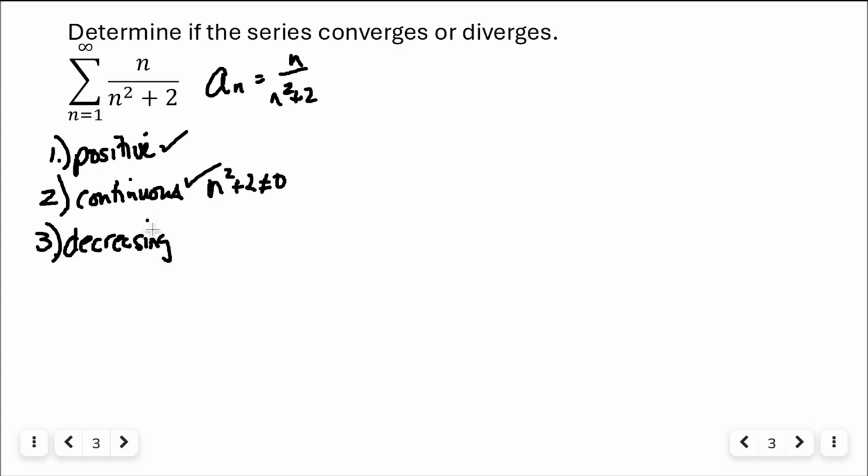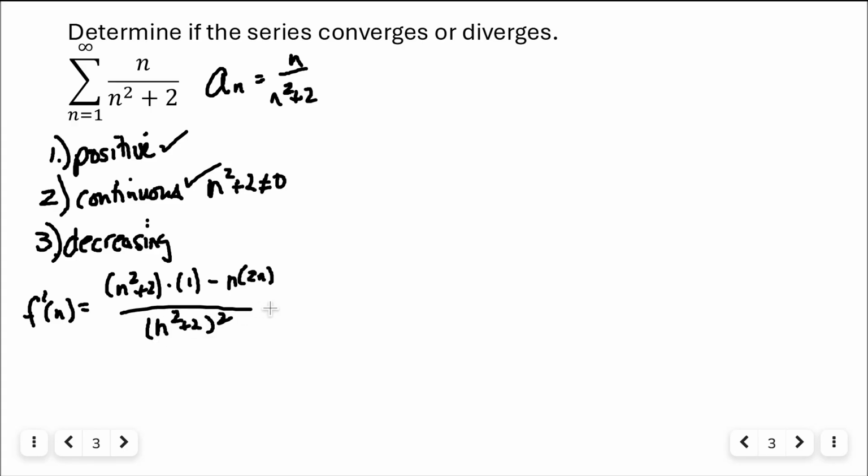And we also have to convince somebody that it's decreasing. There are a couple of ways we can do that. The easiest way to convince somebody that something's decreasing is with the first derivative test. So we can take the derivative. f prime of n, leave the n squared plus 2, derivative of n is 1, minus leave the n, 2n, over n squared plus 2 squared. I want to know where that's 0.